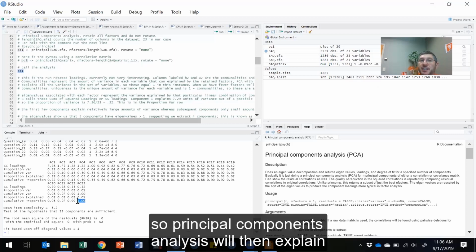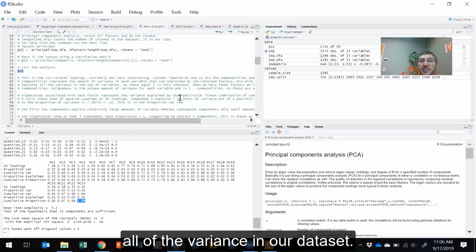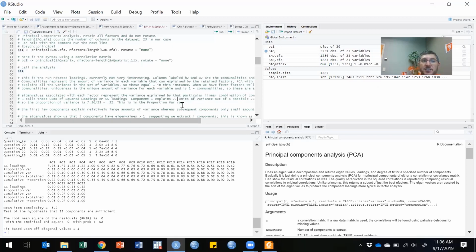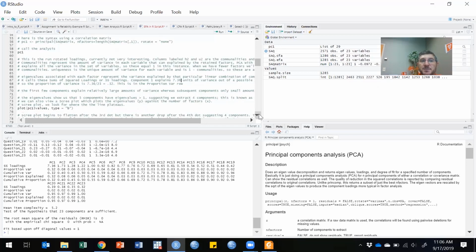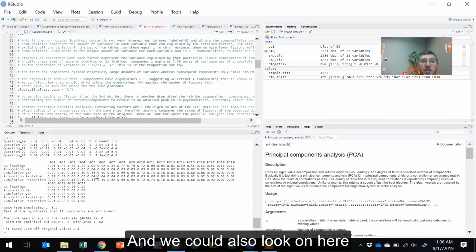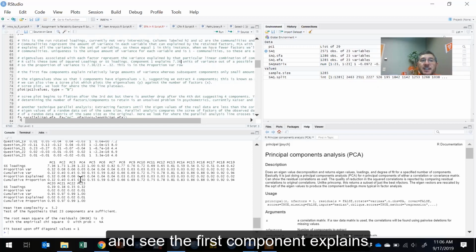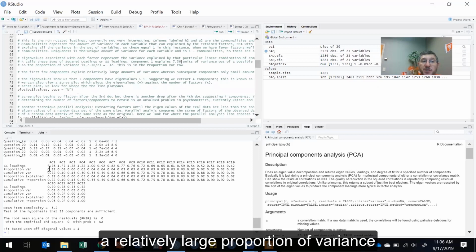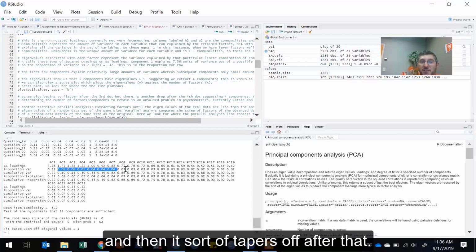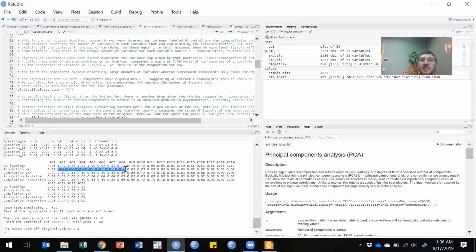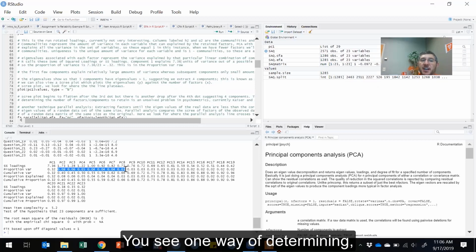So principal components analysis will explain all of the variance in our data set. We could also look on here and see the first component explains a relatively large proportion of variance, and then it sort of tapers off after that.